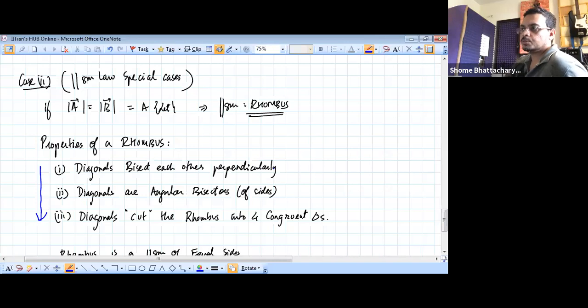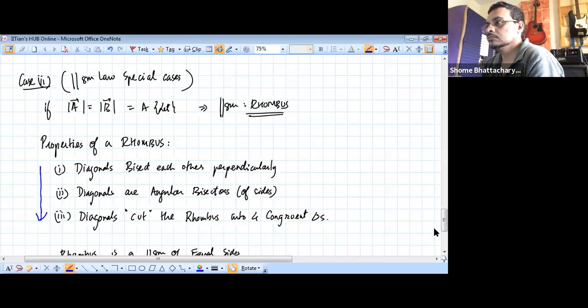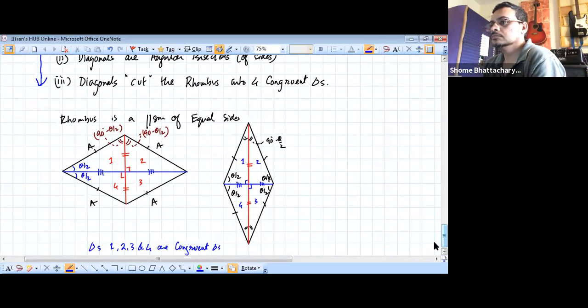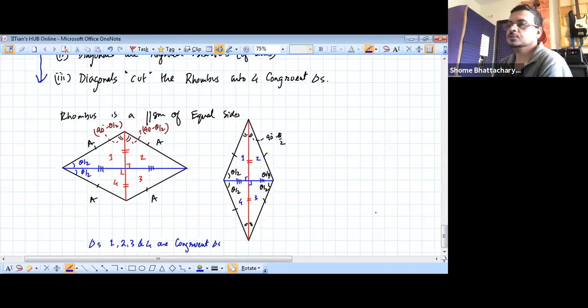We completely derive the logic from these three properties. Okay, so you can see the corresponding properties which I have shown in the diagrams.